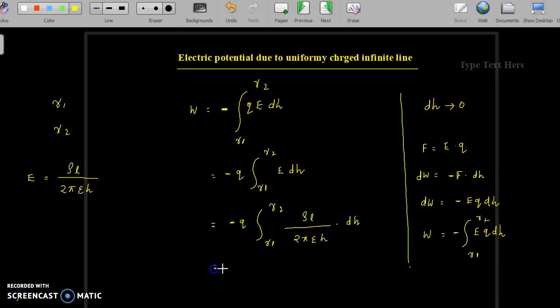Now the integration is with respect to h. So we can take out the remaining parameters, that is minus Q rho L over 2 pi epsilon, integrating the function 1 by h dH.